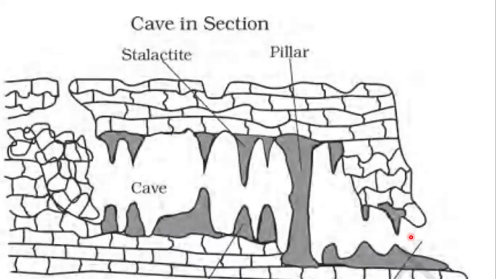Now let's study about the depositional features formed in the karst regions. Depositional features are found in the caves.